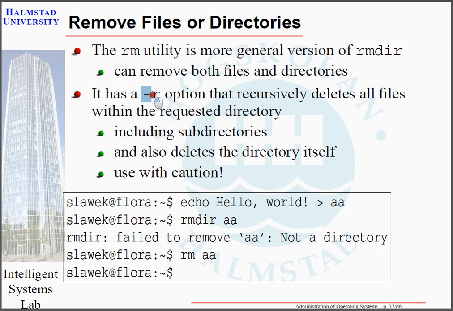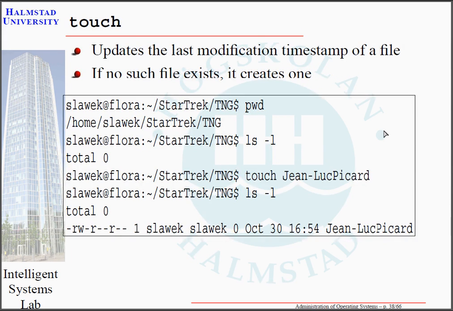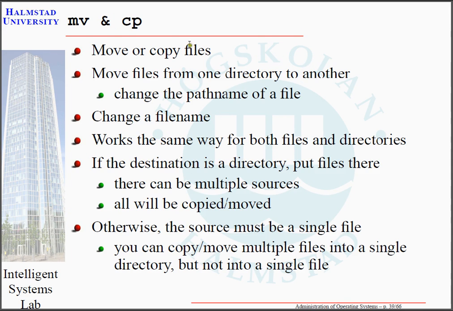And it, for example, has the -r option for recursively deleting stuff. So it will delete the directory and everything below it. So use that with caution. You can lose a lot of data if you make a mistake here. There is a command touch. There are mv and cp commands for moving or copying files.